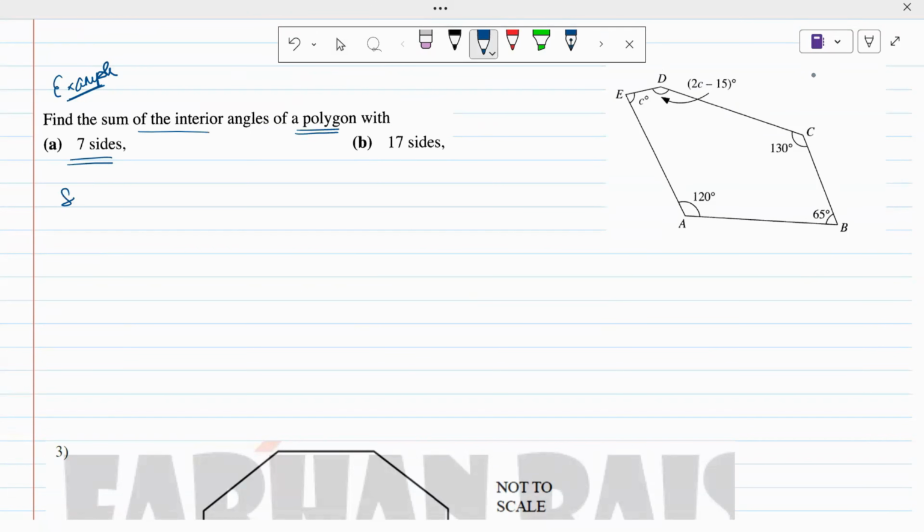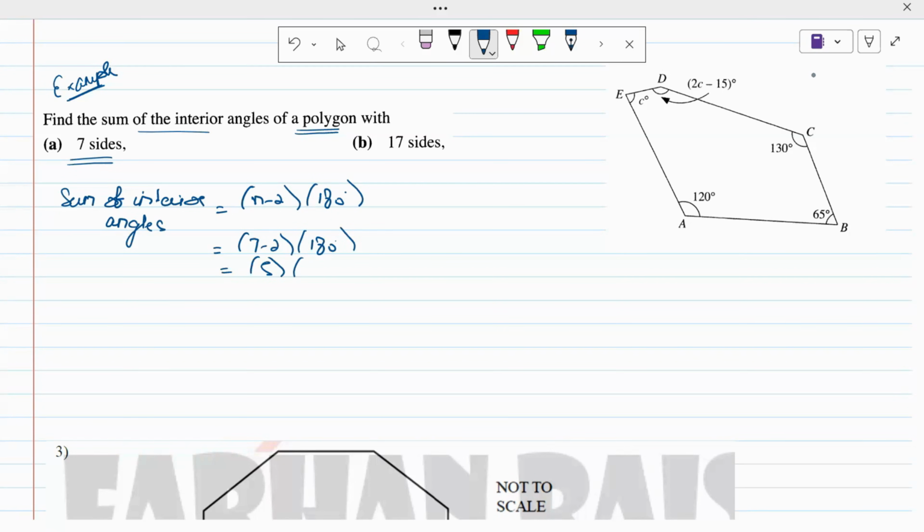So we know that the sum of interior angles is equal to n minus 2 into 180. And here n represents the number of sides, which in this case of part A is 7. 7 minus 2 into 180, which is 5 into 180.